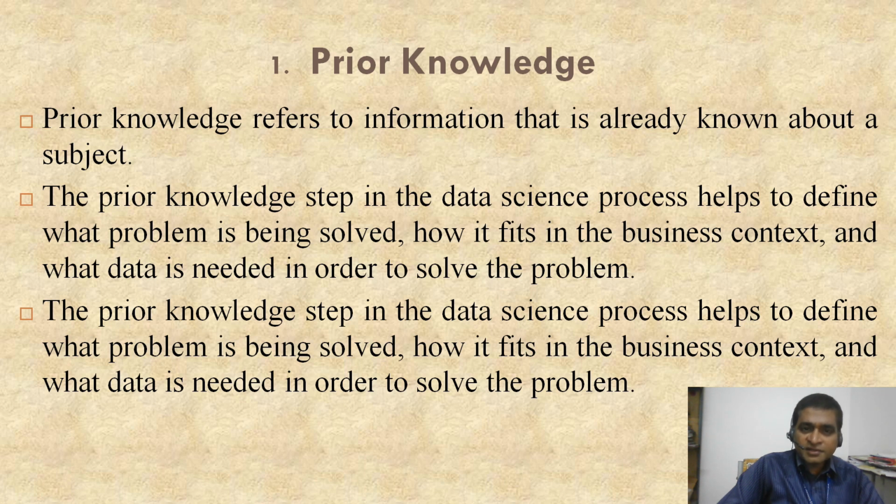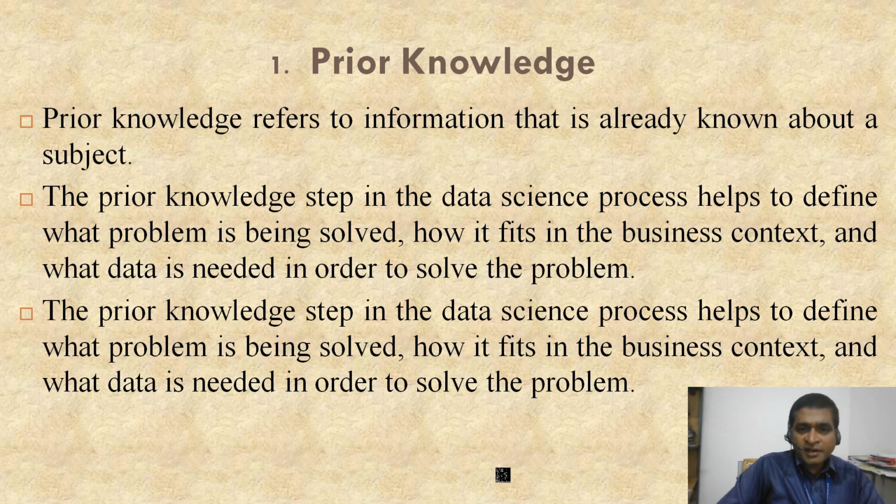So, in the last session, we discussed how to solve a problem using the data science process. In that, the first one is prior knowledge. Prior knowledge refers to information that is already known about the subject.